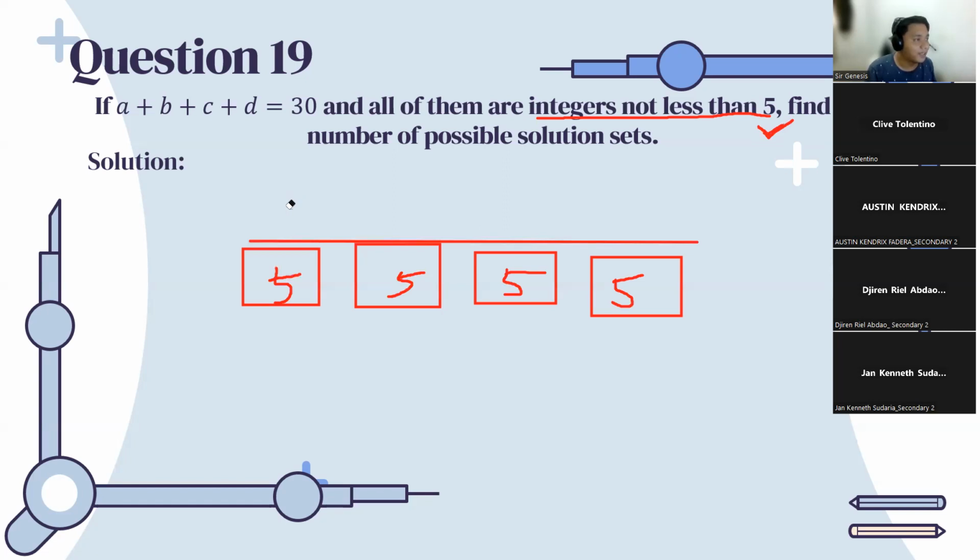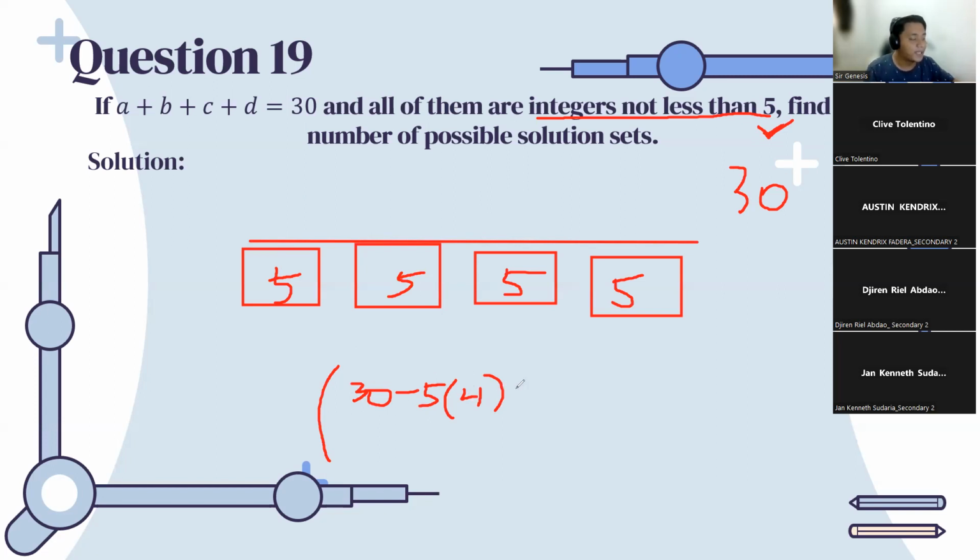So if you have 30 objects and you distribute 5 to each, then your total objects after will just be 30 minus 5 times 4, which of course is equal to 10.